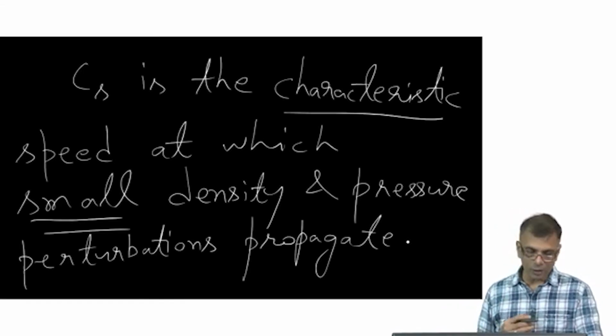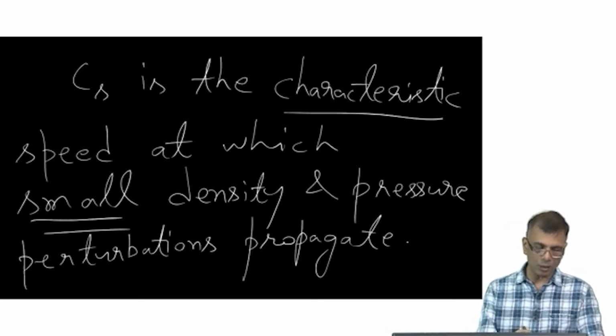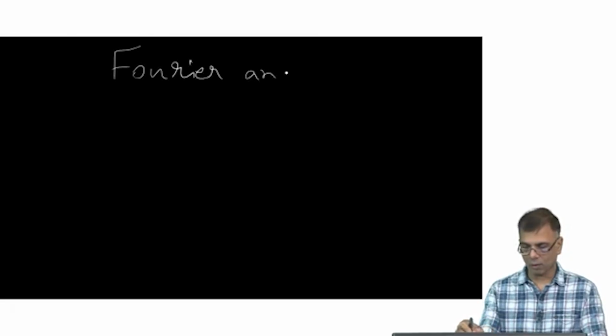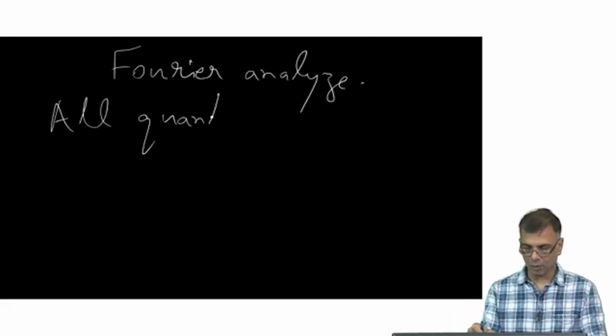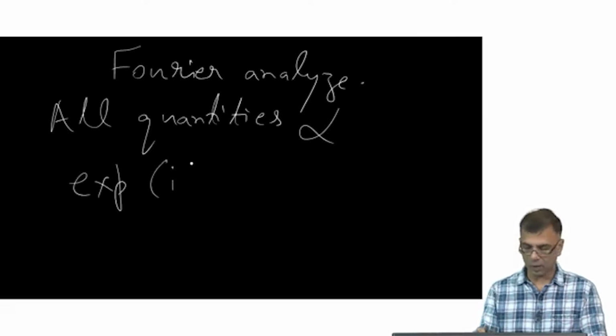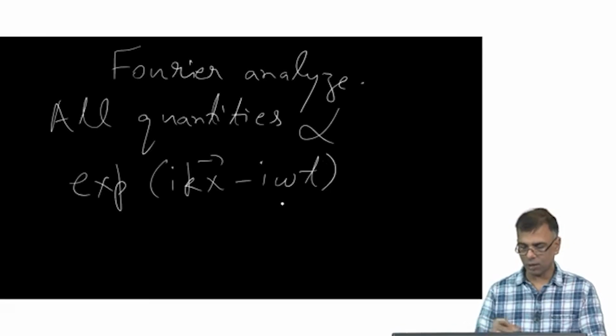Then we did a little bit of Fourier analysis, where we said all quantities go as exponential i k x minus i omega t.